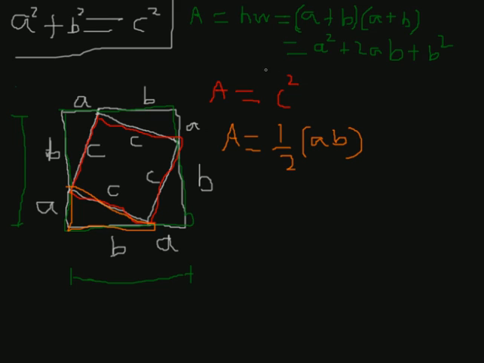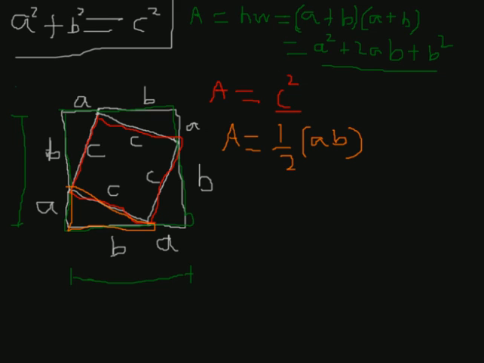Alright, so if we were to compare the area of the whole square and try to relate it to the area of the smaller square plus the area of the triangles. The area of the entire square is a squared plus 2ab plus b squared. And the area of the red part, which is just the small square, is c squared.